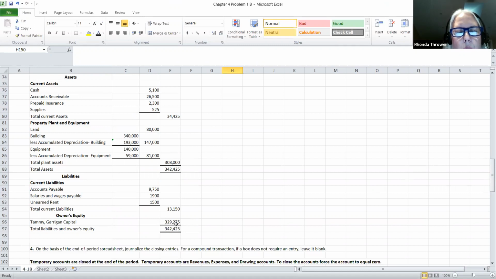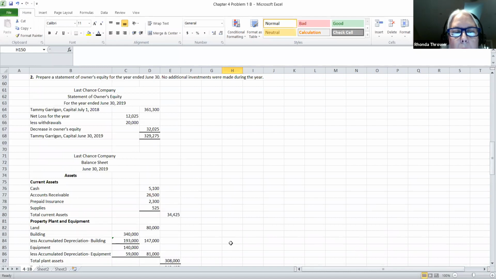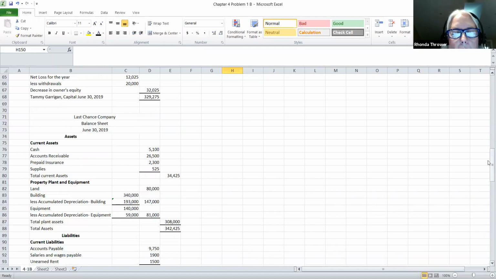This is one that we did not get off the adjusted trial balance, but we did take this from the ending balance in our ledger account, which we haven't finished posting everything to the ledger yet, so it won't exactly equal the adjusted trial balance amount yet, but the ending amount is always brought down from the statement of owner's equity.